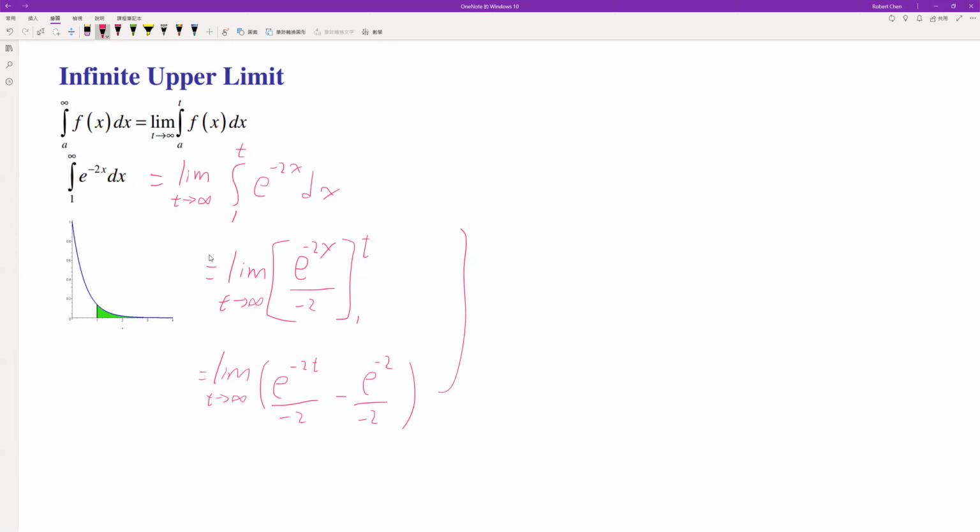Right? Let's clean this up a little bit. So we have limit as t approaches infinity, minus e to the negative 2.